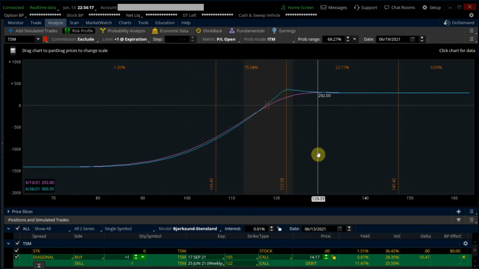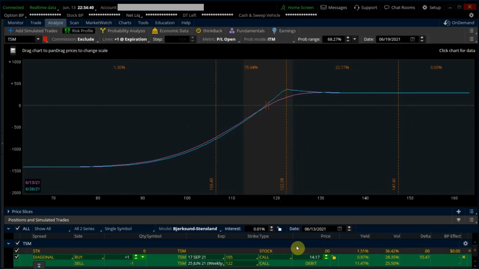So if you recall in the earlier slides, this is one of the trade-offs. In exchange for the positive theta, you are capped on the amount of upside that you have. So in this case, anything above the $122 price level, you can start to see your profit getting eroded. And that's only up until the 25th of June, because remember your short call expires on the 25th of June.